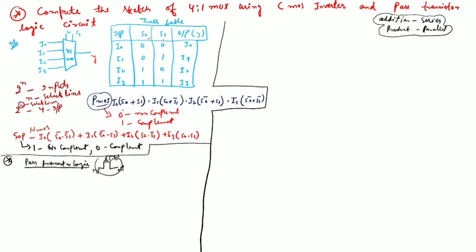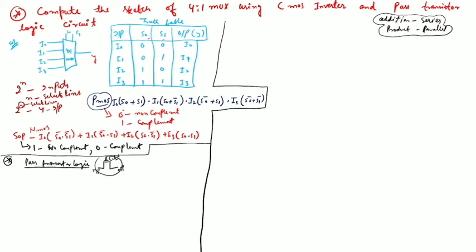One more thing: in the PMOS, when we apply the zero logic at the gate terminal, we represent it as non-complemented. This means if the value of S0 is 0, then it will be only S0, not S0 bar.